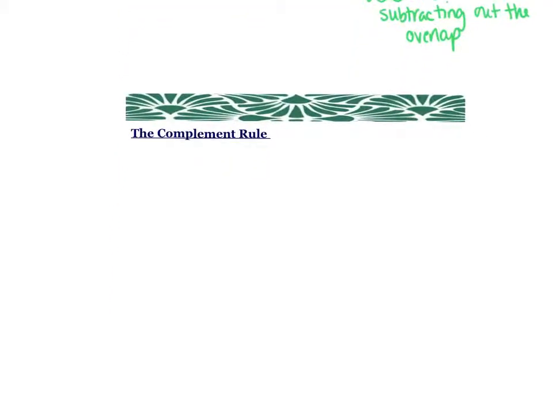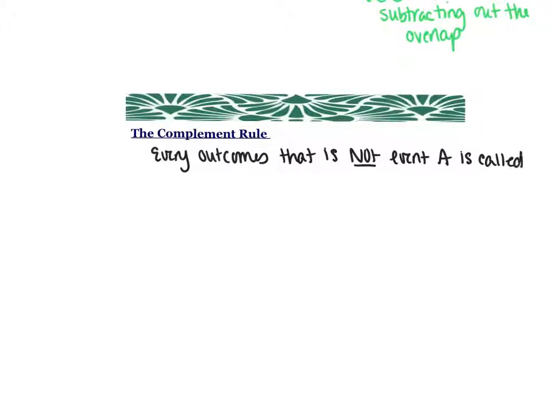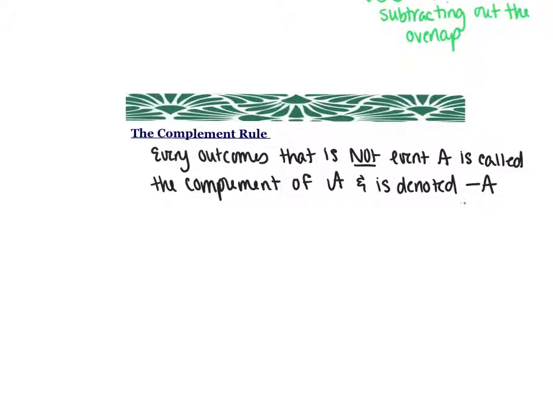And next, my complement rule. Let's define a complement too. Every outcome that is not in event A is called the complement of A, and is denoted not A. I've also seen A with a bar over it.